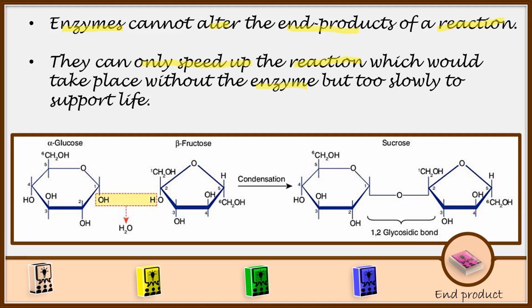But the only problem would be that the reaction would be too slow to support life. So to support life, that's when the enzyme comes in to make this reaction take place very fast, so that the reaction can support life.